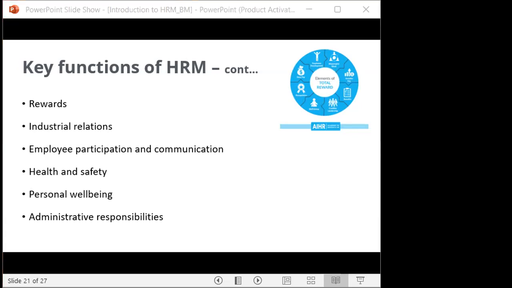Otherwise, there will always be conflicts between the management and the employees. So it is important to have a good relationship between these two parties in order to achieve the success of the organization.